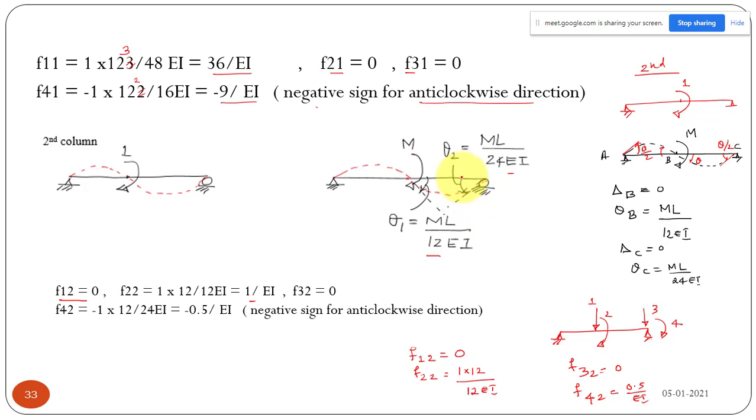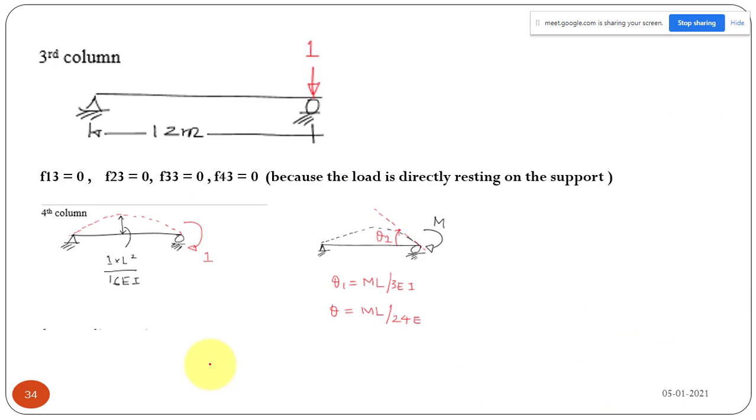That is why this magnitude 0.5 by EI is negative. The negative sign is for anti-clockwise direction. So these are the four elements: 0, 1 by EI, 0, and then minus 0.5 by EI. That is my second column.